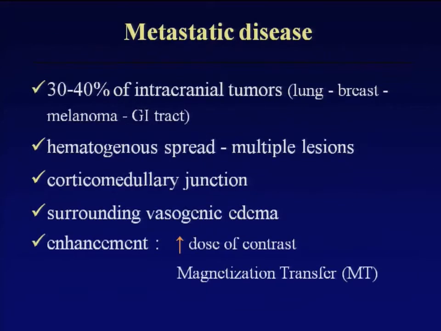Starting with metastatic disease, typically they have the hematogenous spread, and they locate at the corticomedullary junction, producing multiple lesions. We all know that there's extensive vasogenic edema, and all the metastatic disease in the brain enhances.